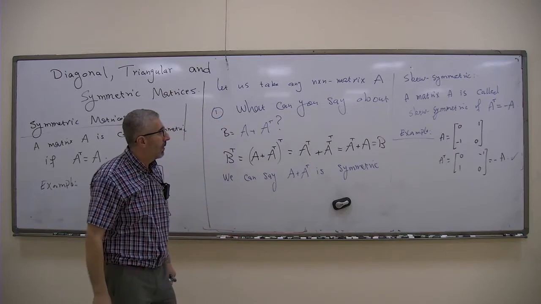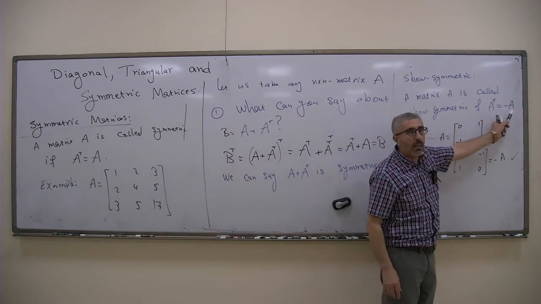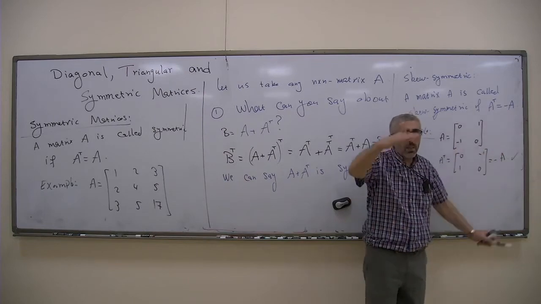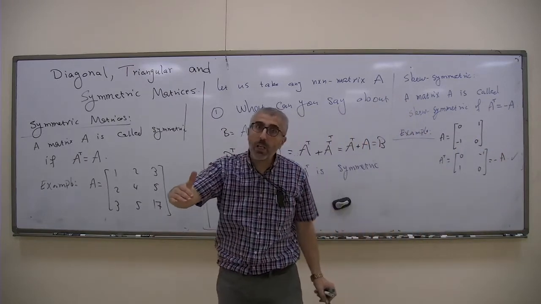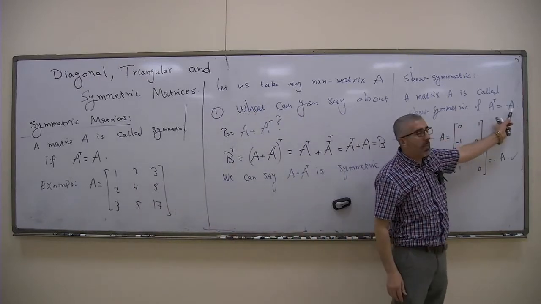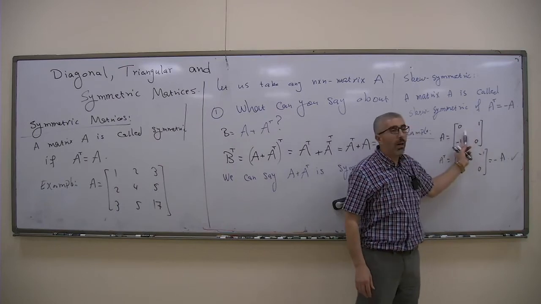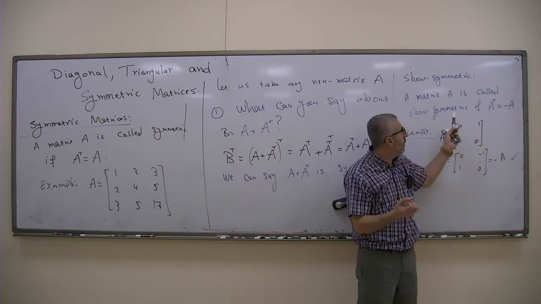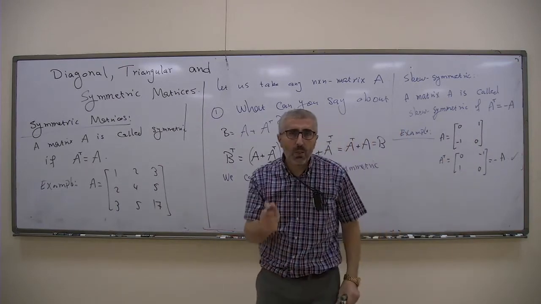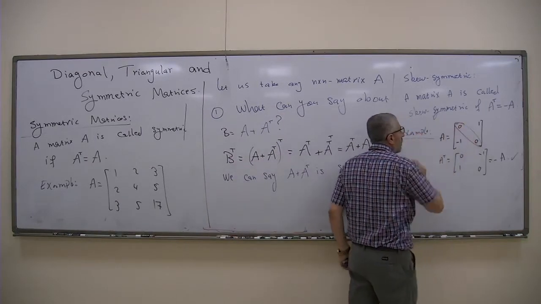Think about it. Remember, when you take the transpose, the elements along the diagonal stay unchanged, correct? So if you want this to be the same as this, you need whatever you have here to be the same as the negative of this. So you have no choice but to make it 0. So if you are talking about skew-symmetric matrices, you must have zeros along the diagonal.